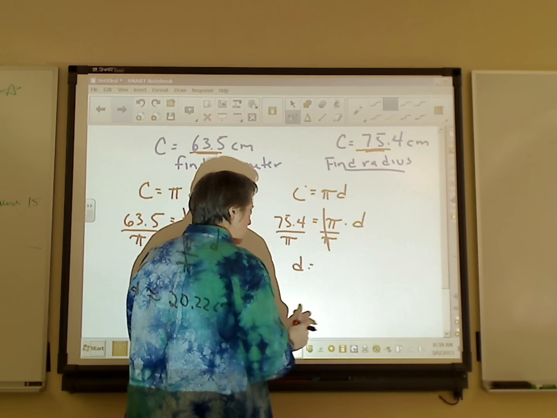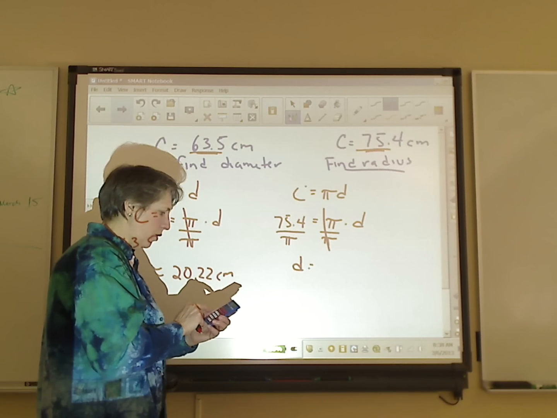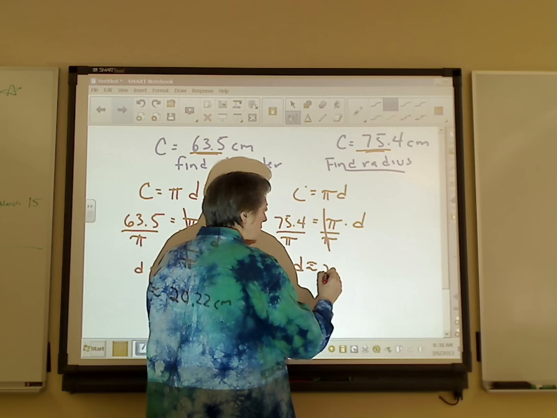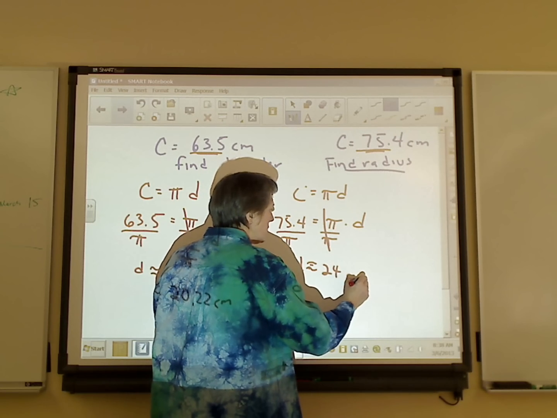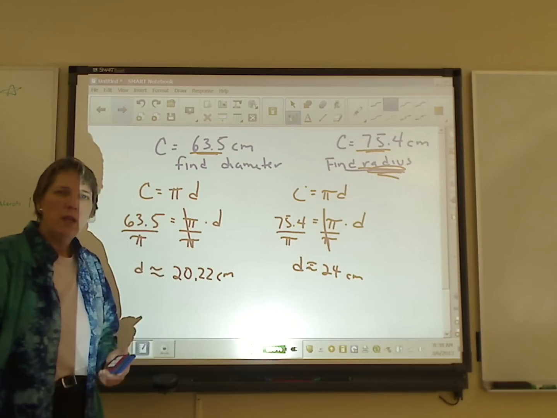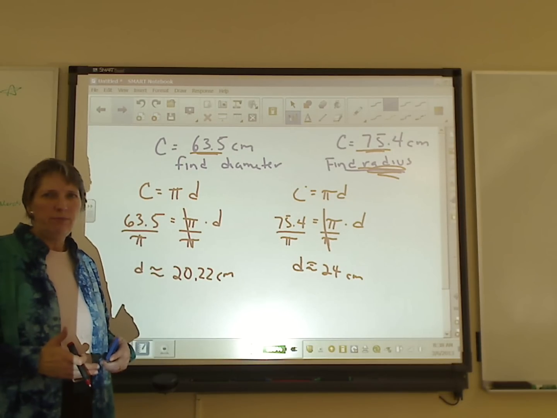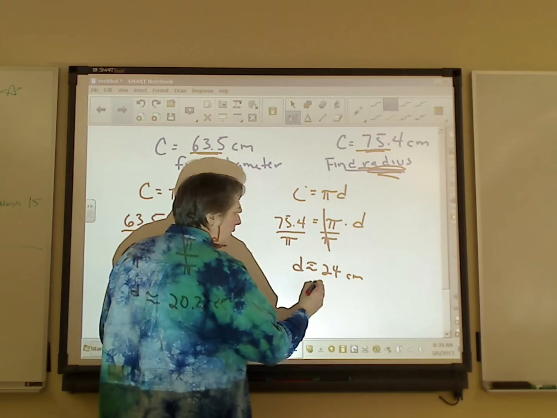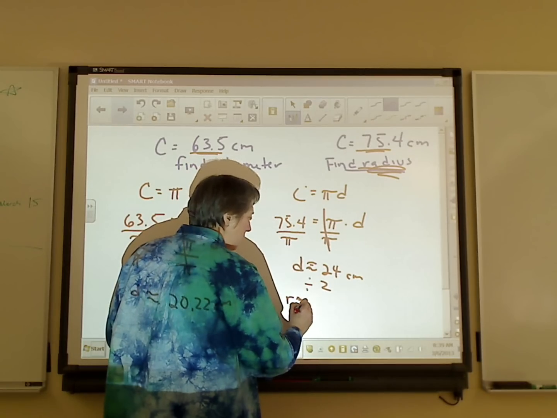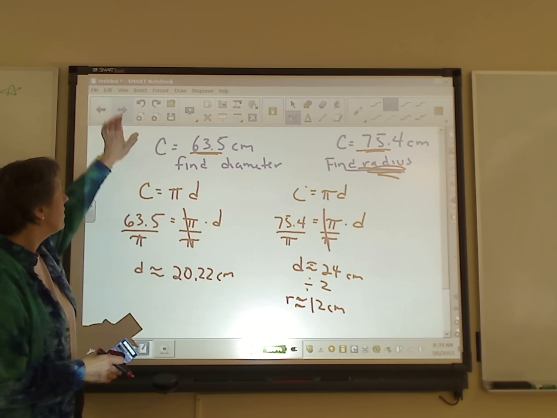So I have 75.4 divided by 3.14 and I get about 24 centimeters. But they don't ask for diameter. They ask for radius. How do you find radius if I give you the diameter? You divide by 2. So R equals about 12 centimeters. That's what you do.